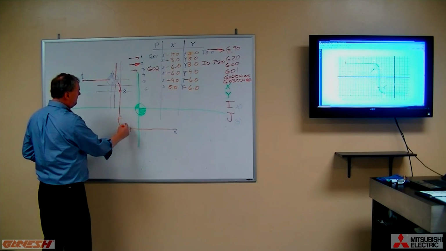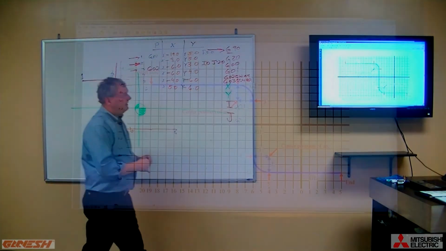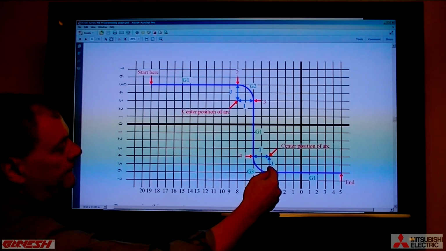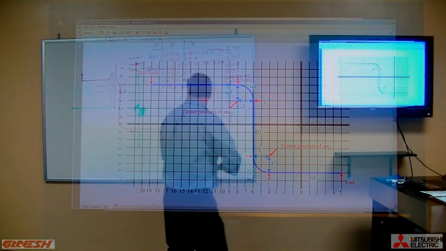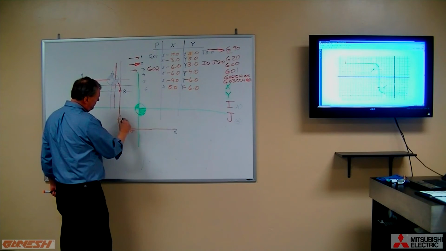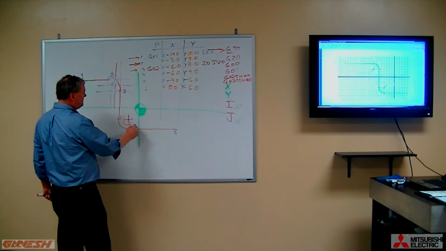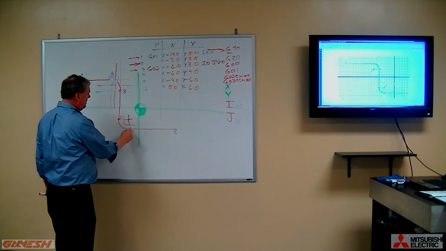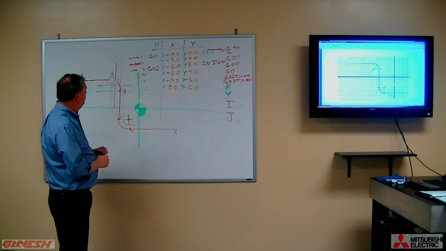So this is point number 4, this is point number 5, and the drawing tells us that the circle center is 2 units over, and it's 2 units up from the end point. So the circle center is 2 units over, and 2 units up. So the circle center will come into play as we've shown.